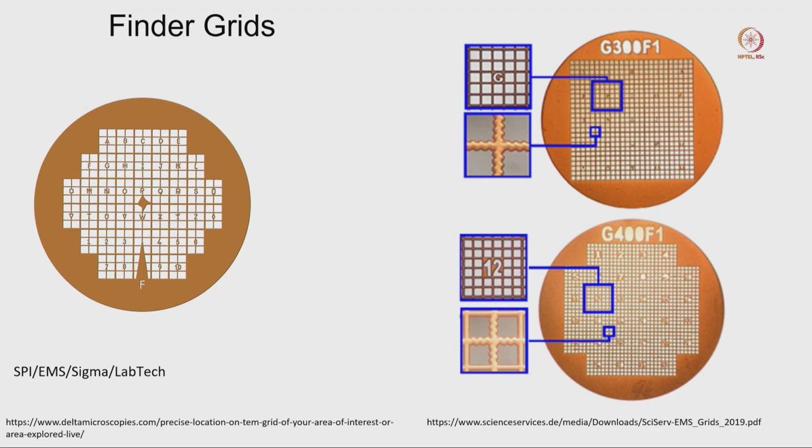Now the next one: you will also get another different type of grid, where you have a certain kind of marking. Those are called finder grids, mainly for cryo-electron tomography.